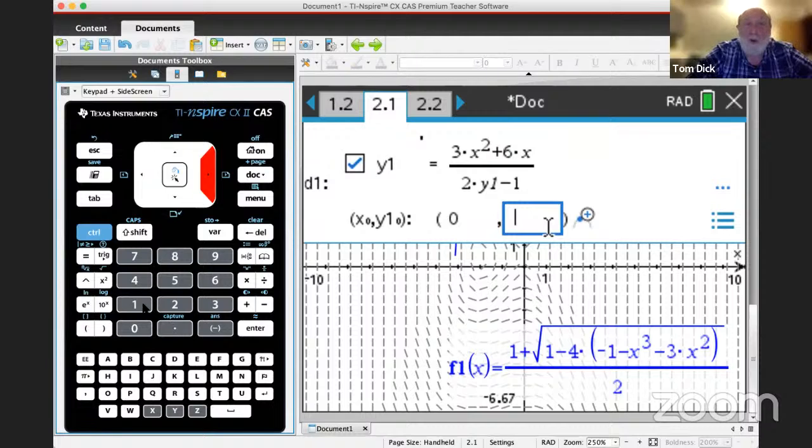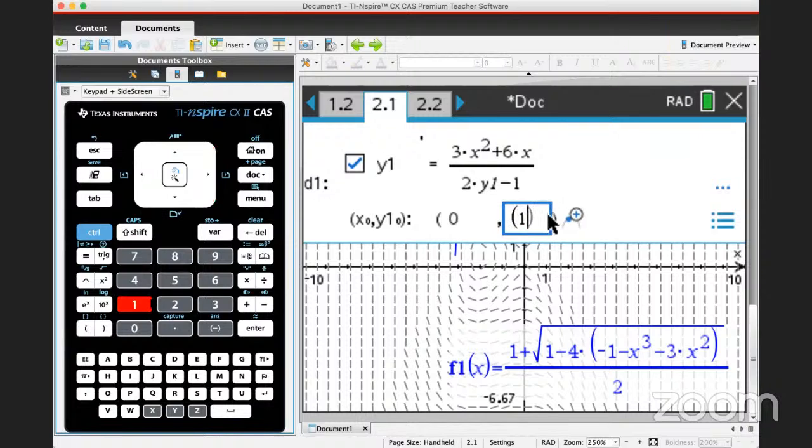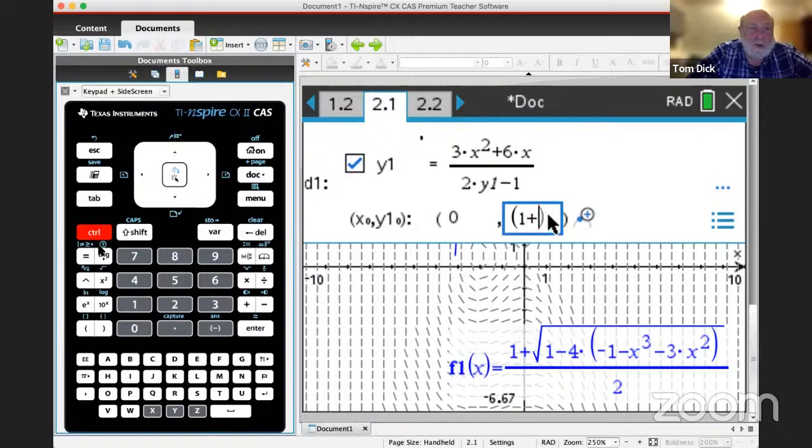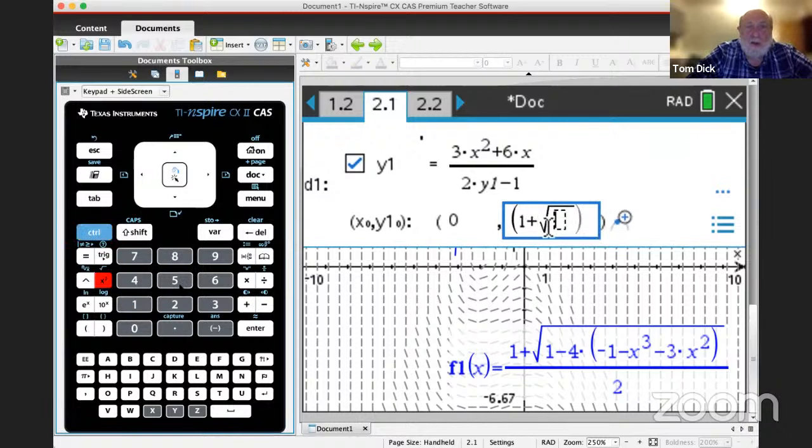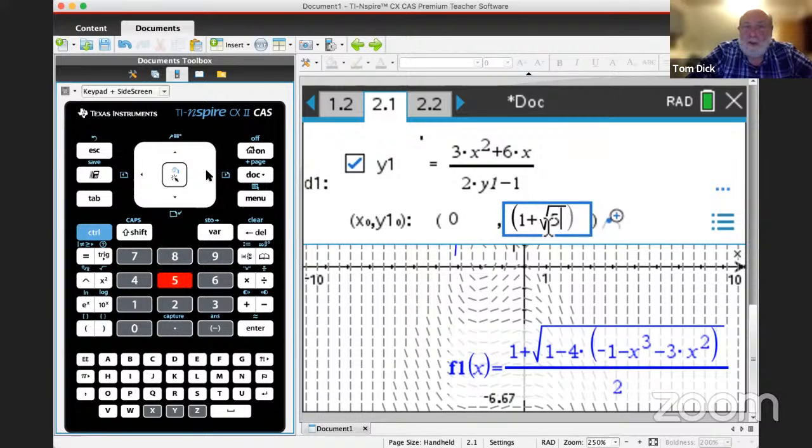Yeah, and the 1 plus root 5 is all in the numerator. So sure, I use some parentheses here. So 1 plus the root of 5, get out from under the square root, and then divide that whole thing by 2. And now when I enter this, it should try to sketch a curve that fits the slope field.